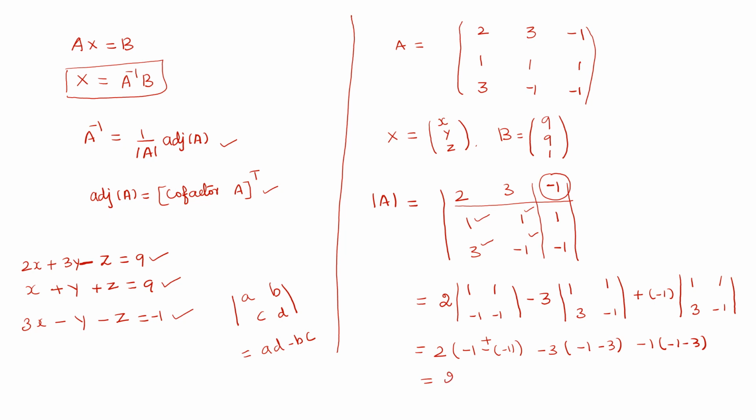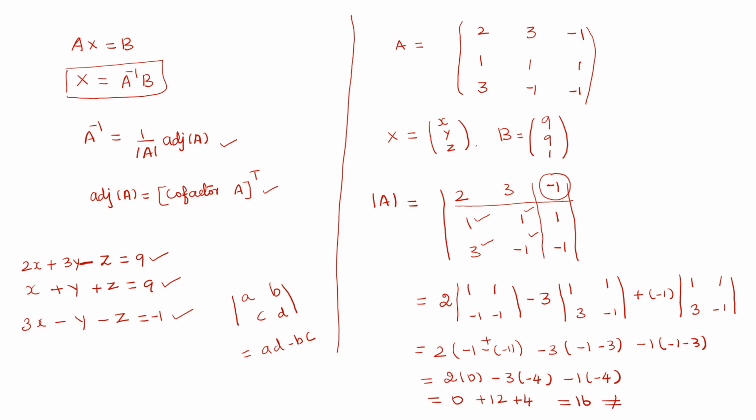Then negative 3 times negative 1 minus 3, which is negative 4, and then negative 1 times negative 4. So it equals 0 plus 12 plus 4 equals 16.